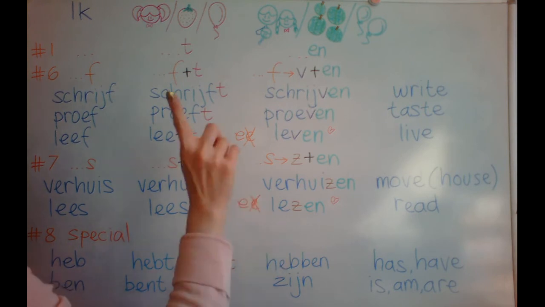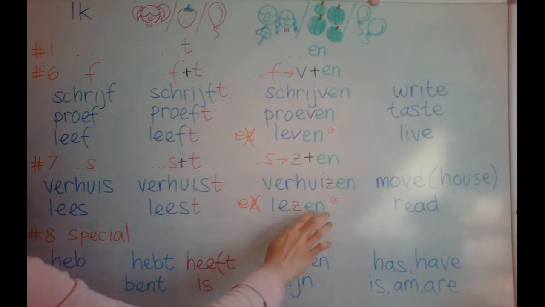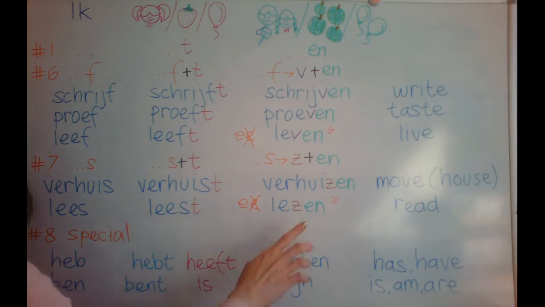Becomes only one, and then S becomes Z, and then AN. Verhuis, verhuist, verhuizen. Move, moving house. Move to another house, move to a new house. Lees, leest, lezen. Read.